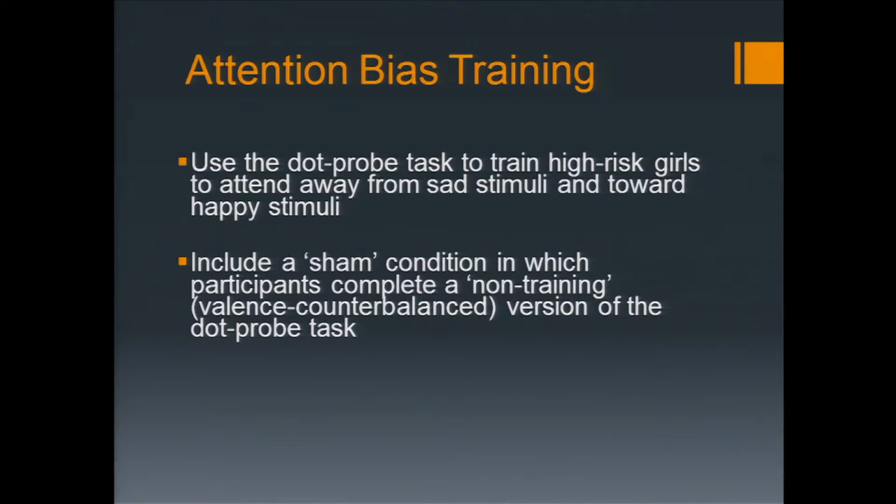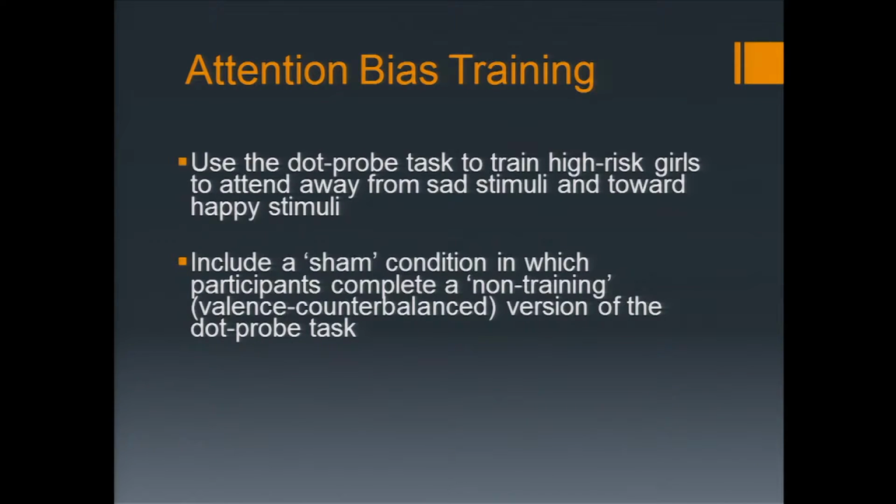It now has a reasonable history, almost more in the field of anxiety than in depression. But we're trying to train high-risk girls, a different sample, because we don't want to interfere with the original sample I told you about who are developing depression.